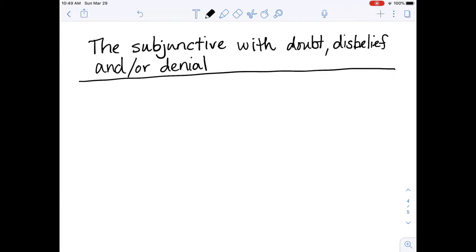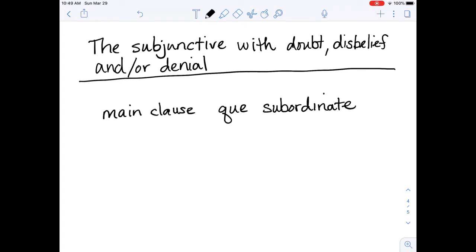Okay. Now, same thing. We're going to have main clause. And I'm just going to keep repeating this so that it sounds normal to you. We're going to have que, and then we're going to have the subordinate clause.